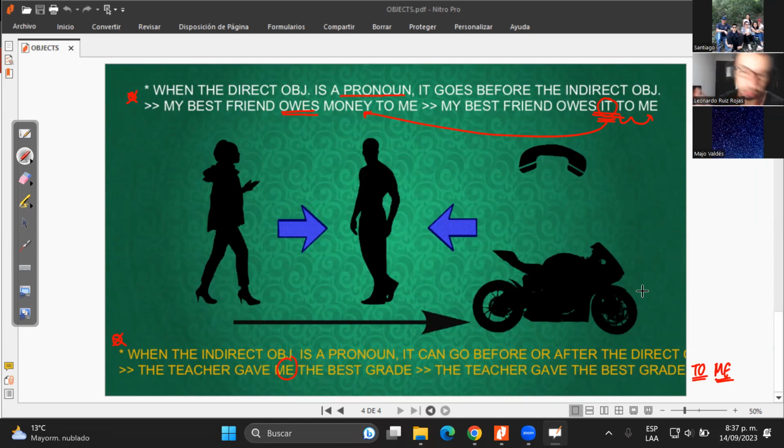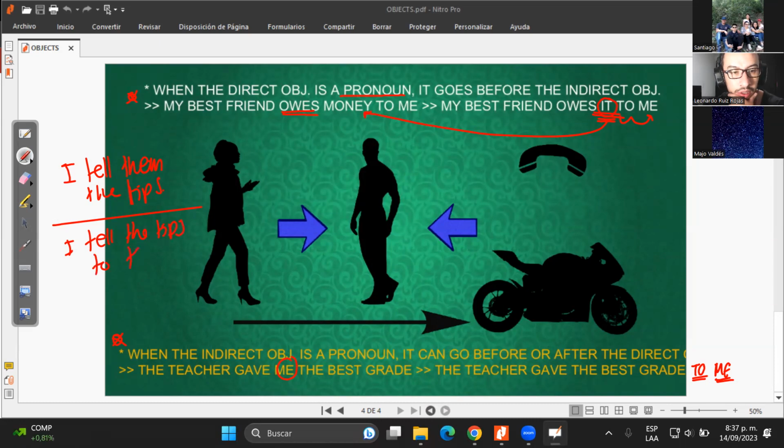Not a problem. It's the indirect object, the person that receives the action, right? For example, I can say, I tell them the tips, or I tell the tips to them, depending on what I prefer, always when the indirect object is a pronoun.